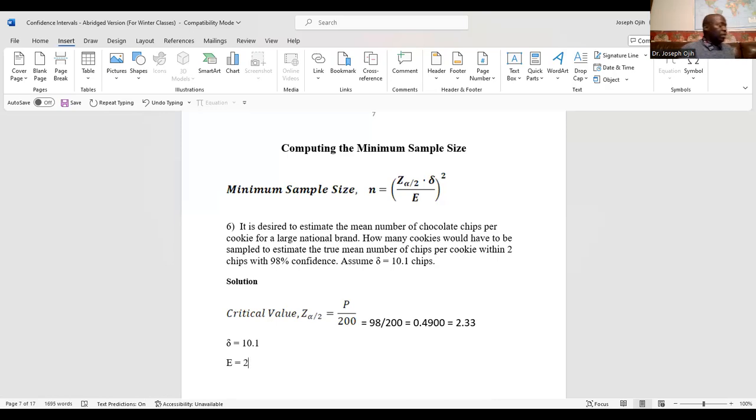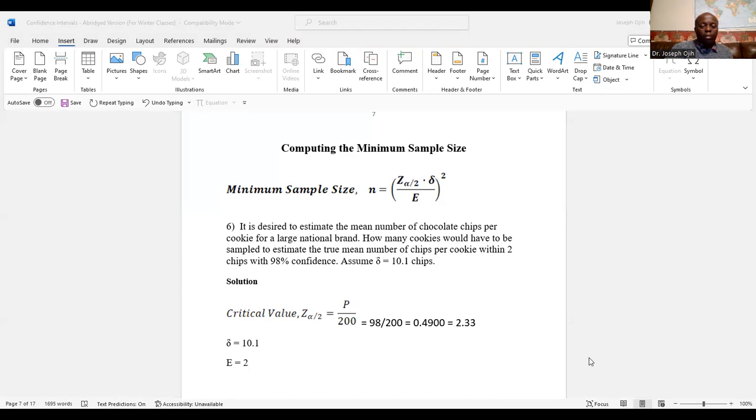Now let me write this down so we can plug it into the formula. Standard deviation is 10.1, critical value Z alpha over 2 is 2.33, error equals 2.